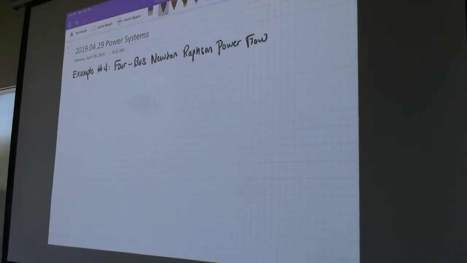I'm going to skip some parts of it that we did for the Gauss. I'm not going to spend a lot of time recalculating the Y-bus matrix; I think we spent a lot of time on that before. So I'm just going to give us what the Y-bus matrix is going to be, and we'll skip straight to the chase, which is the actual Newton-Raphson part of this.